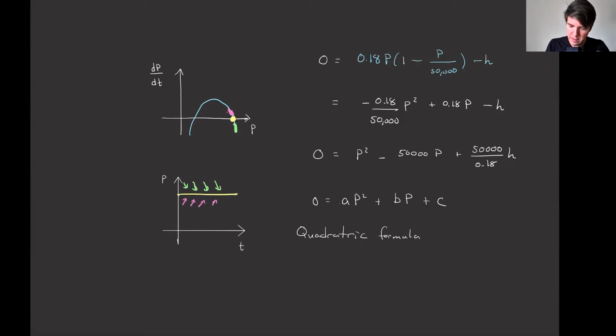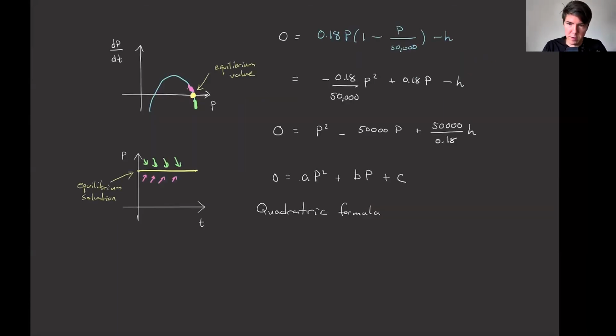So what we're trying to find is this equilibrium value by looking at this as a quadratic equation, solving through and finding out what p should be in terms of h. That gives us this equilibrium solution. So we're finding the equilibrium solution by finding the value where this curve intersects the p-axis right here. So take another, let's say, minute to see if you can find out what P should be.